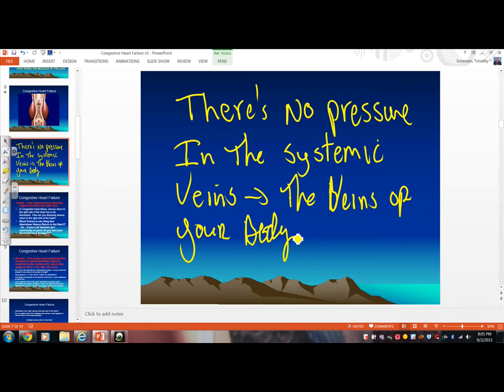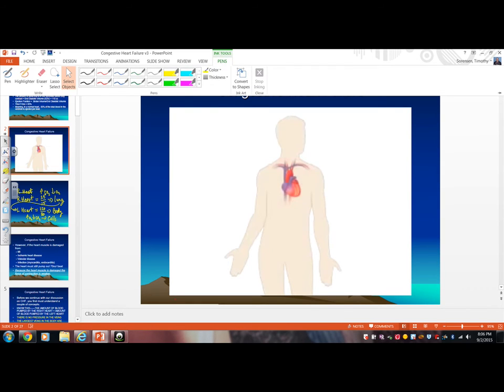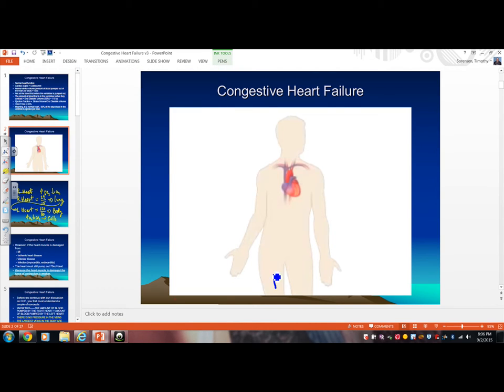So, the question that has to be asked is, then, how does that venous blood get back to the right side of the heart? The answer is this.